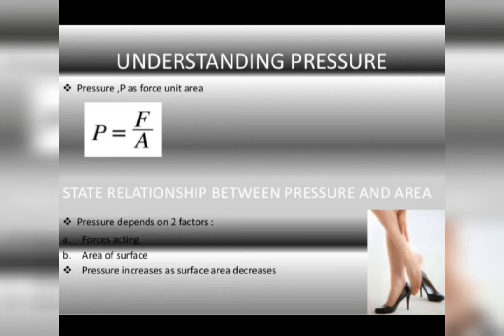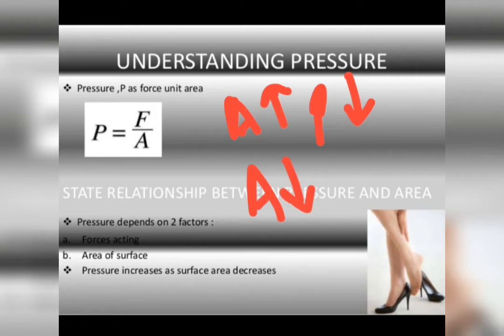For example, when force acts over a large area of the object, what will happen? It will produce small pressure, because area and pressure are inversely proportional to each other. But if the same force acts over a small area, then it produces a large pressure.